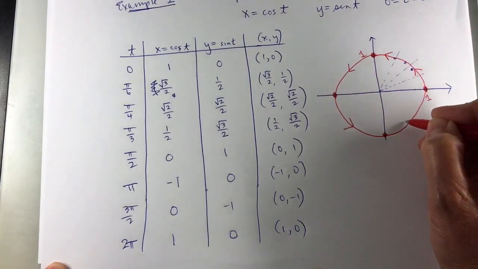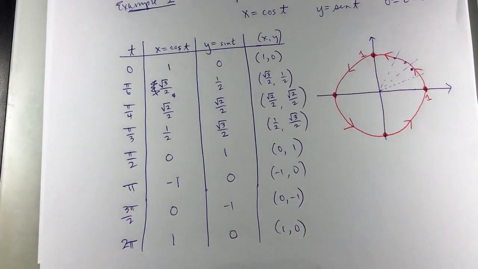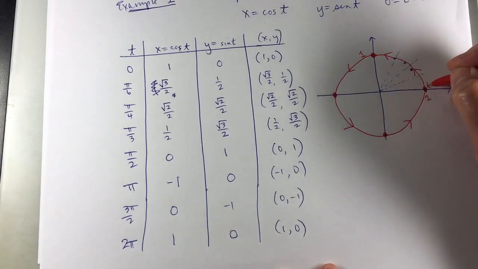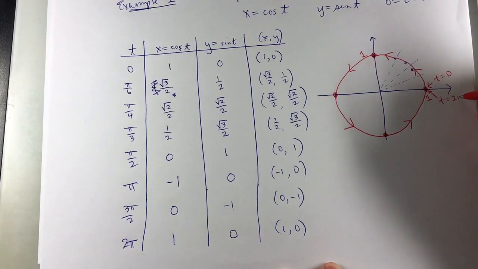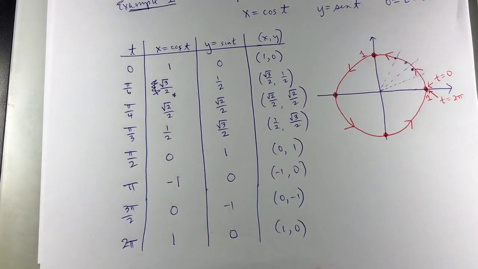Put a few. And if you like, we could say here, t equals 0, and also at that same point, t equals 2 pi. So I did get a circle.